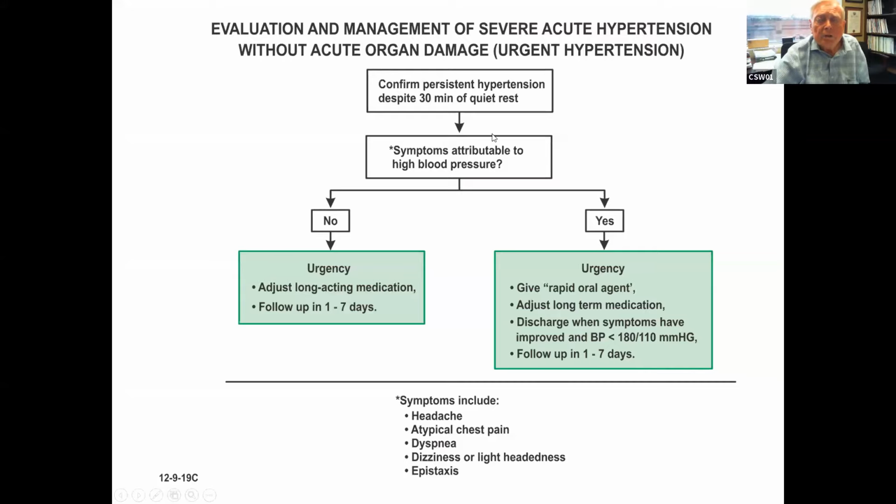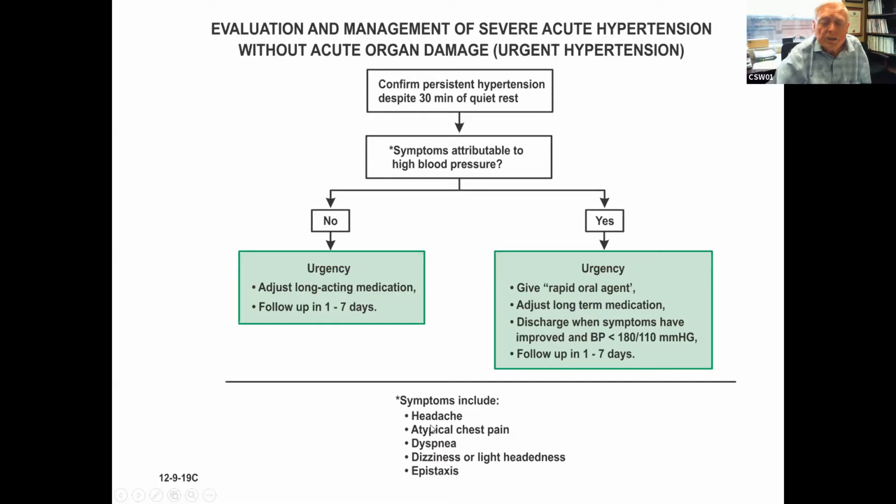So, a little bit more information about some of the things you should look for in a case of severe hypertension. We've confirmed that the blood pressure is high despite 30 minutes of rest. Are there any symptoms that might be attributable to blood pressure? These symptoms are not in themselves sufficient to diagnose emergent hypertension.